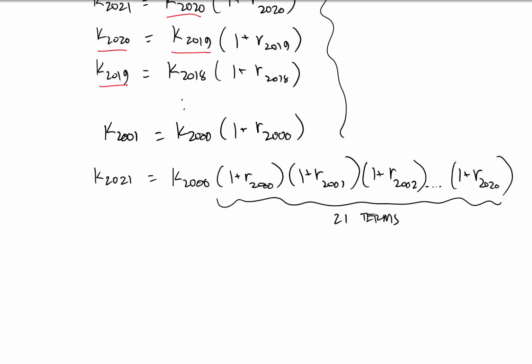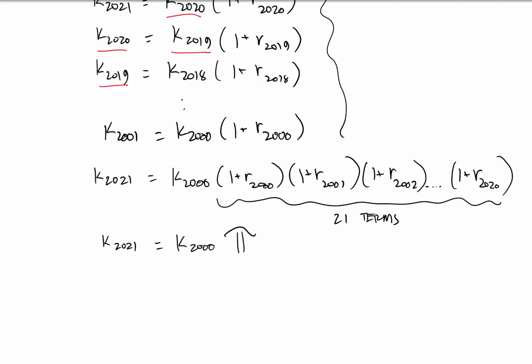So what we've done now is we've described the population in any year as the product of a series of terms. Let me write this down. This is a little bit long to write. I'm going to rewrite this as K 2021 equals the population in the year 2000 times the product.